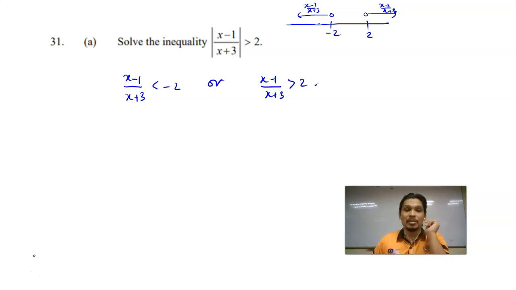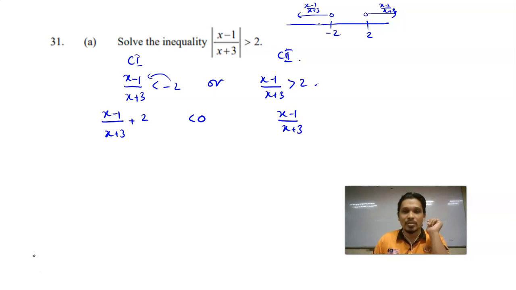From these inequalities, I separate into two parts, case number 1 and case number 2. Negative 2 brought to the other side becomes positive, so (x - 1)/(x + 3) + 2 < 0, or this one here, (x - 1)/(x + 3) - 2 > 0.